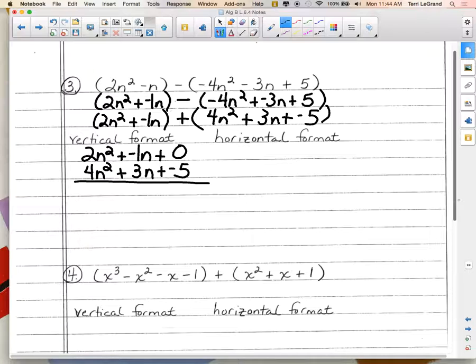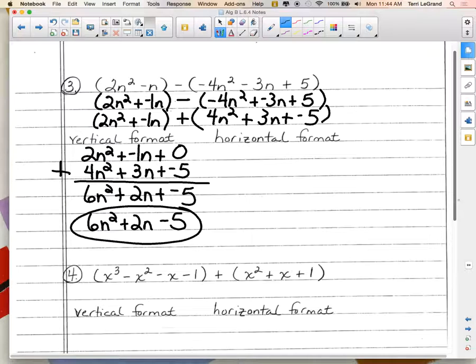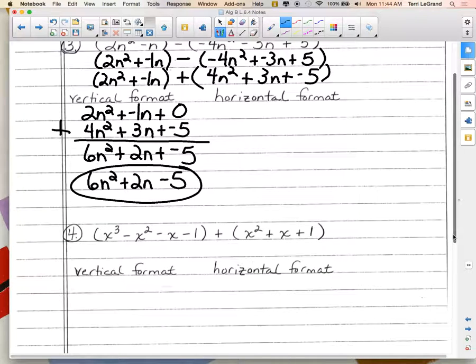It doesn't need any placeholder. Okay, so go ahead and add that one vertically. Get the sum of this one, and then clean it up if it needs cleaning up. Do you agree with me after you've done getting your sum?